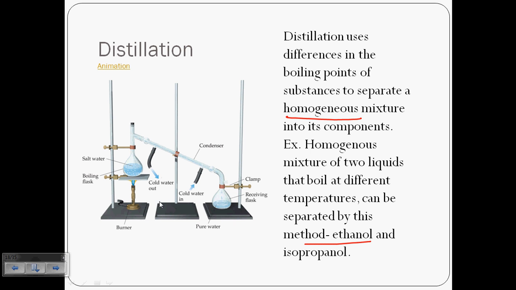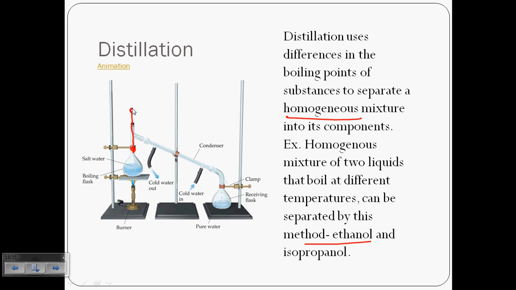How distillation works is, first of all, you take the mixture in the distilling flask and you heat it up. When you heat it up, the lower boiling liquid boils off first and goes through as steam via a condenser. The condenser cools the steam and that steam turns to liquid and gets collected here. While something is boiling, the temperature stays constant.